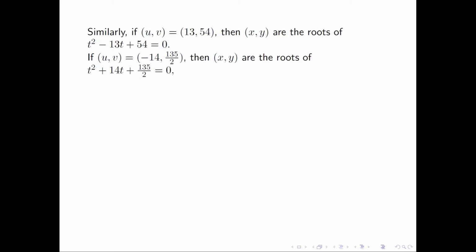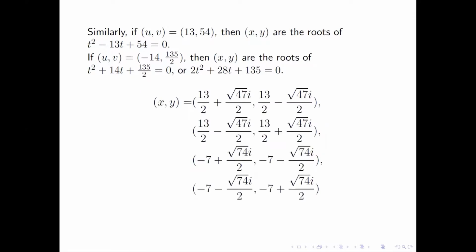Then x, y are the roots of the quadratic equation t squared plus 14t plus 135 divided by 2 equals 0. These 2 quadratic equations give us another 4 pairs of solutions for x and y. They are all complex numbers.